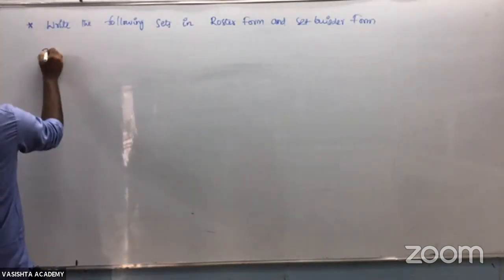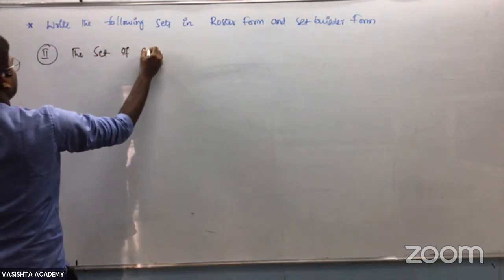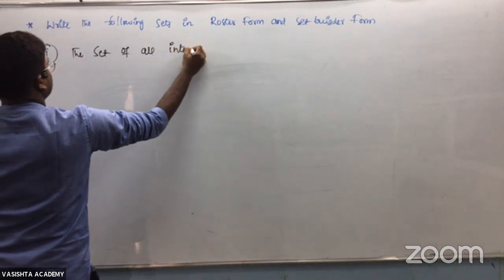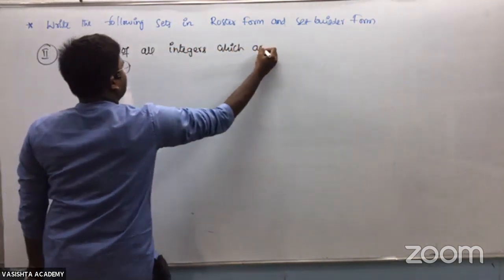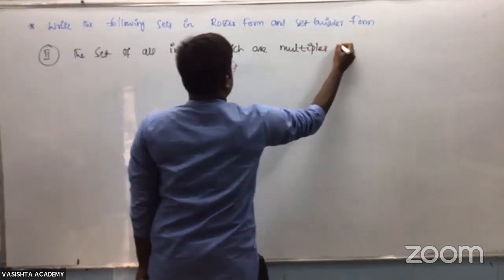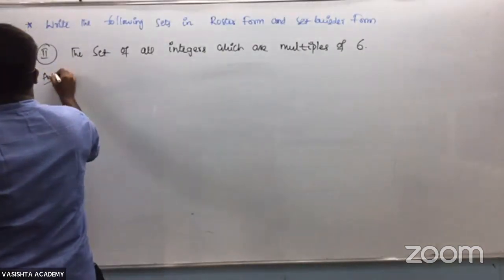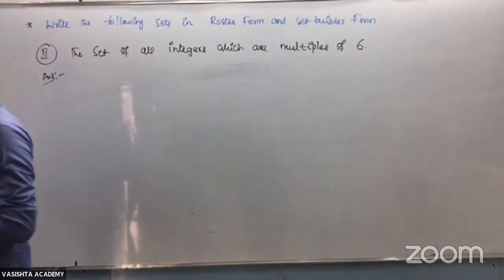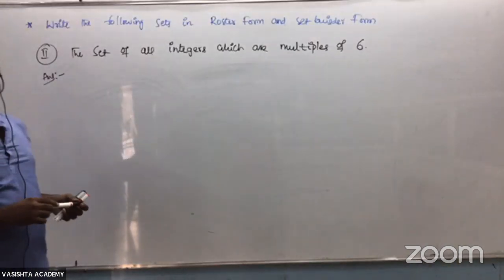Next example: the set of all integers which are multiples of 6. The set of all integers which are multiples of 6.